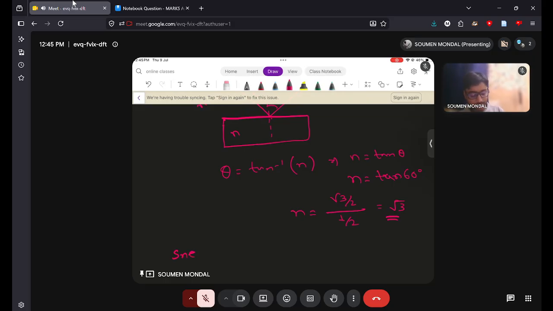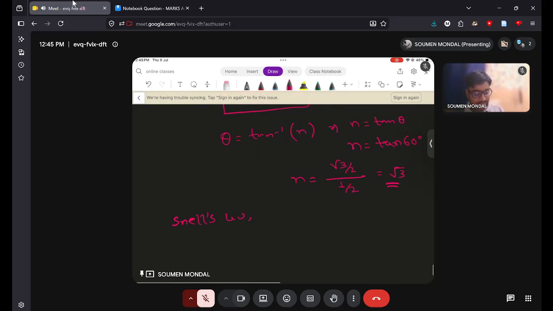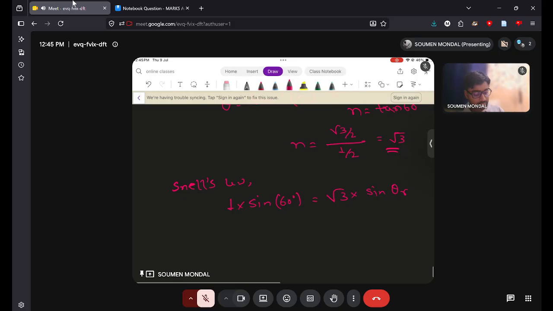First we applied Brewster's law. Now Snell's law gives n1 sin theta 1 equals n2 sin theta 2, where theta 2 is the angle of refraction. So sin r is half, that means it is 30 degrees. So the angle of refraction I am getting is 30 degrees.